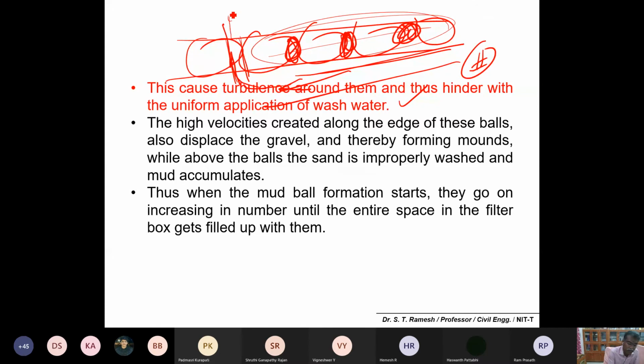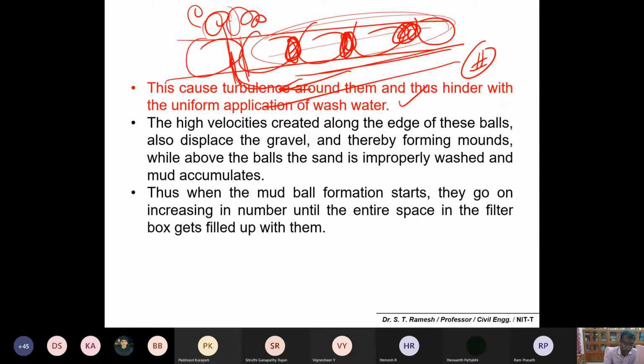This causes turbulence around them and thus hinders the uniform application of wash water, and the high velocities created along the edge of these balls also displace gravel. That's something important. There could be possibilities of even bed dislocation as well.